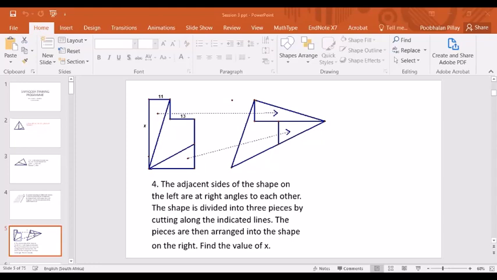Let me just highlight those pieces. This is one piece, right? And then it's rearranged. You'll see that piece has gone here now. And this rather awkward shape is still there.